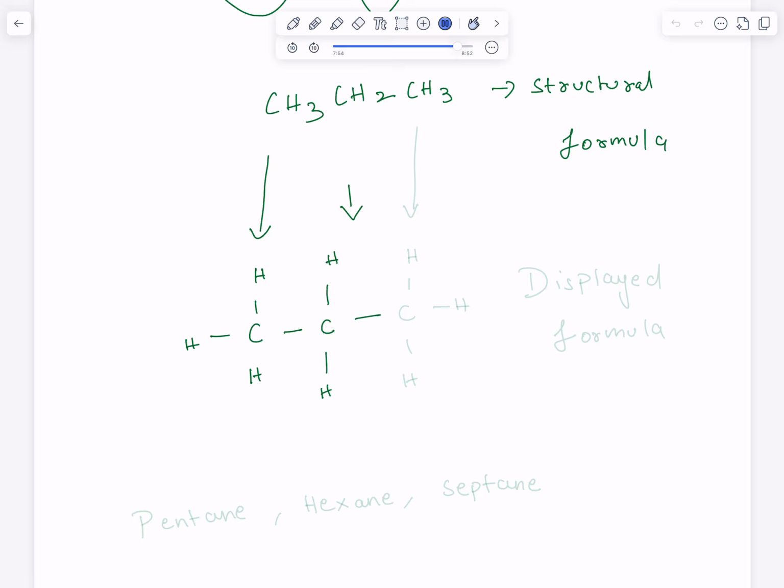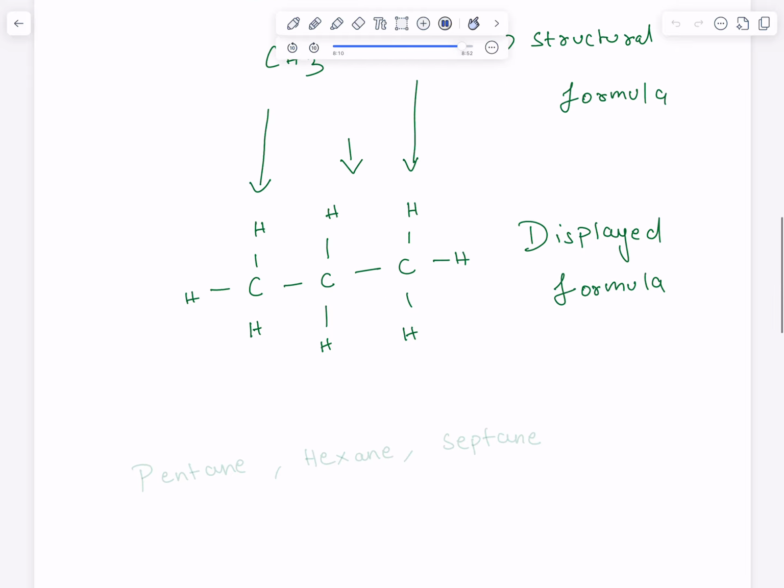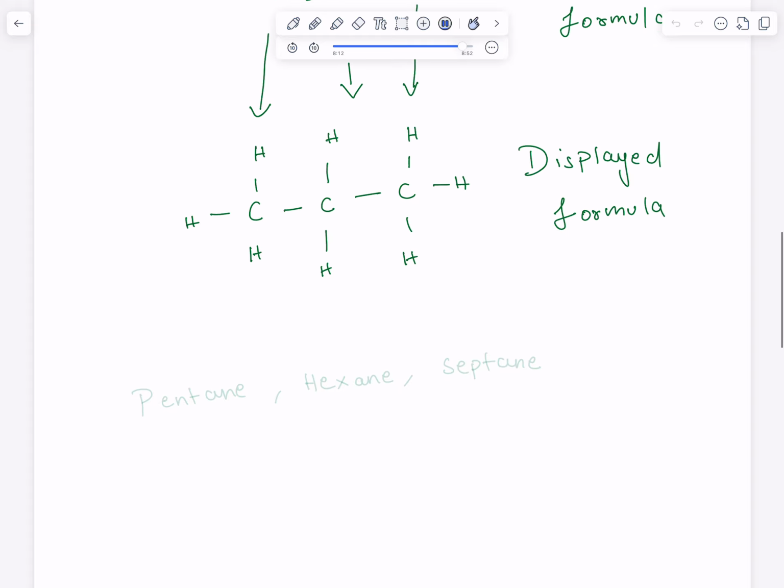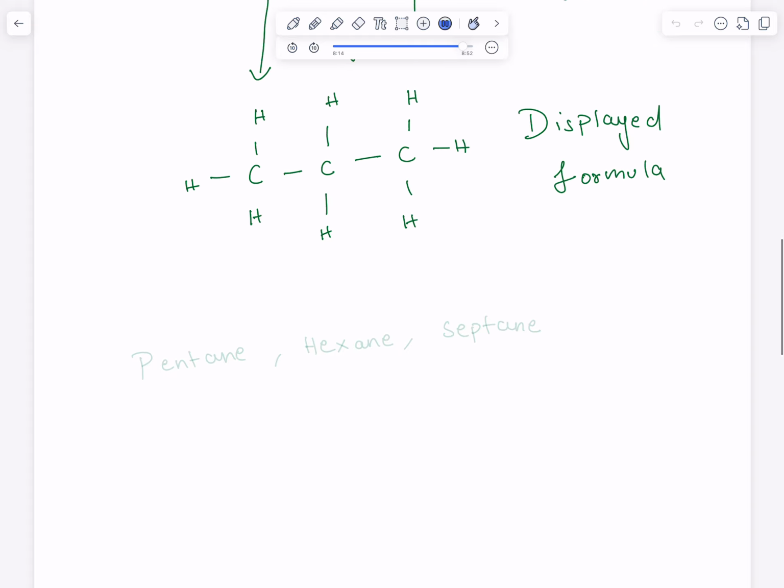And then my third carbon has 3 hydrogens. So it is very easy to build displayed formula from the structural and structural formula from the displayed. I hope it is now clear what is molecular formula, what is displayed formula, and what is structural formula.